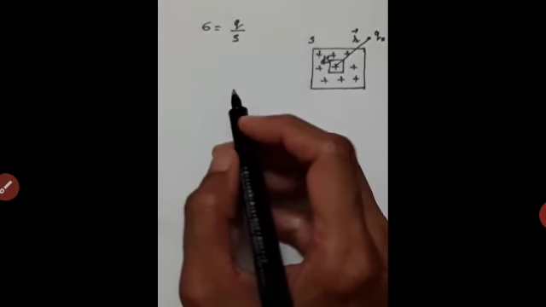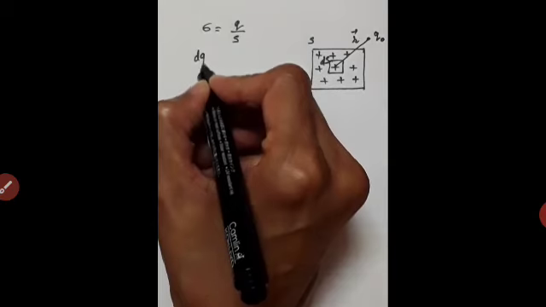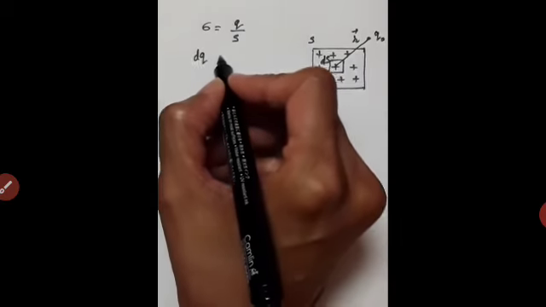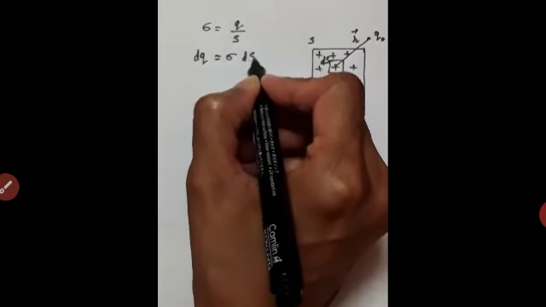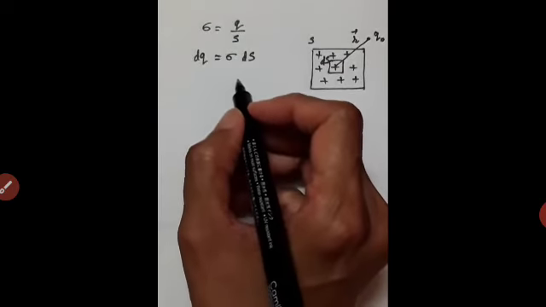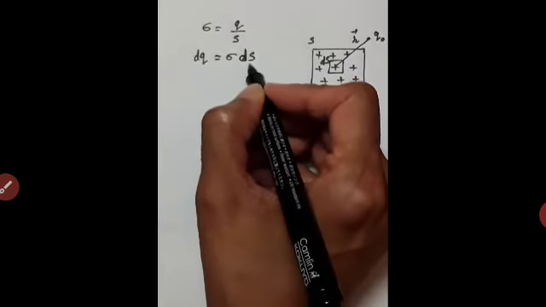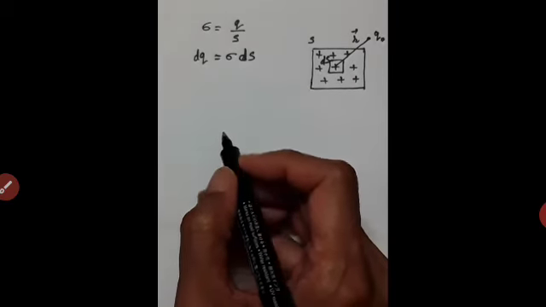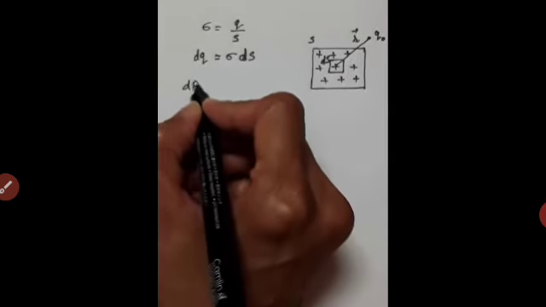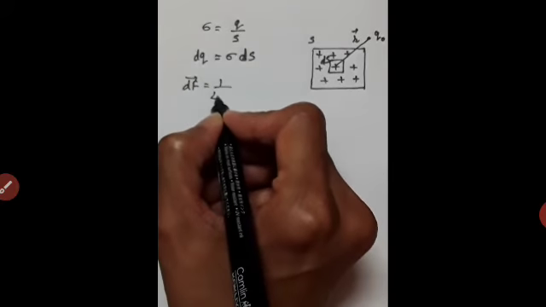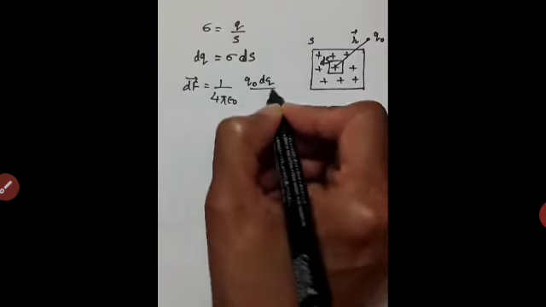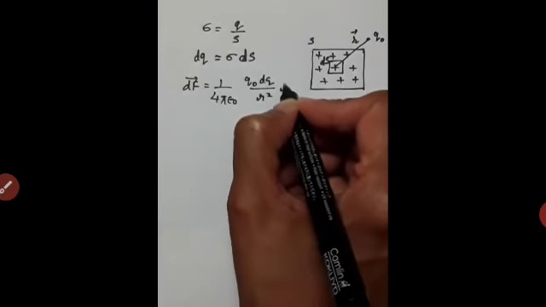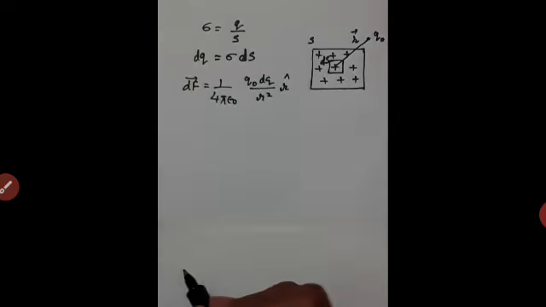As we did in the earlier case, the charge present in the small element is dq equals sigma into ds, the surface charge density multiplied by the area ds. The force acting is given by dF equals 1 upon 4 pi epsilon naught, Q naught dq by r square, unit vector r.